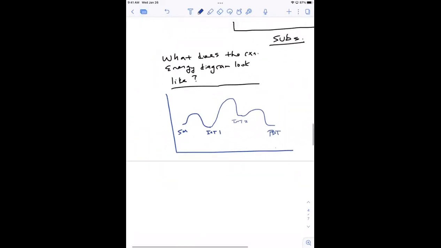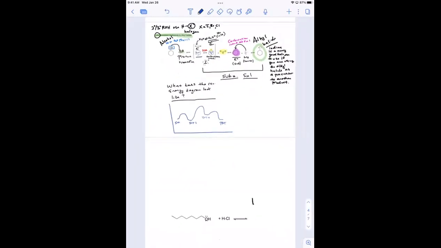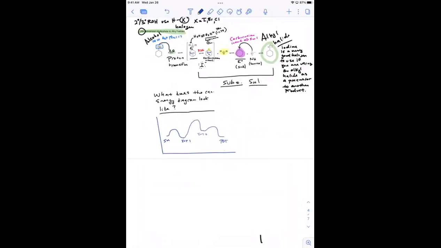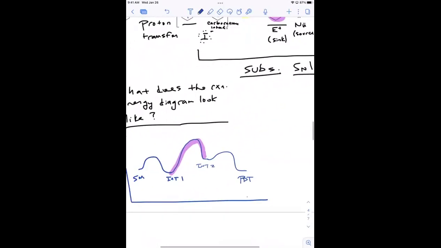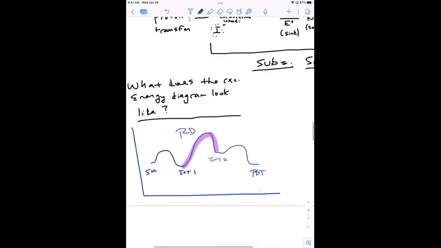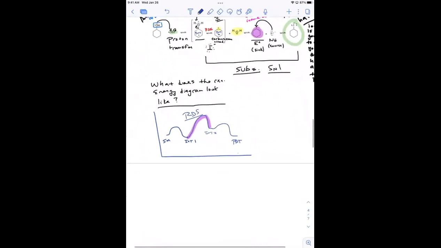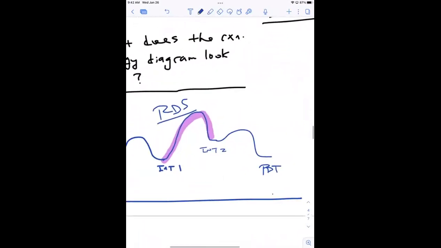All right. So this is a way to think about these reactions as well. We can think about the reaction energy diagram for a reaction like this. It has multiple steps, but this step right here is what we call the rate determining step, because it has the highest activation energy.